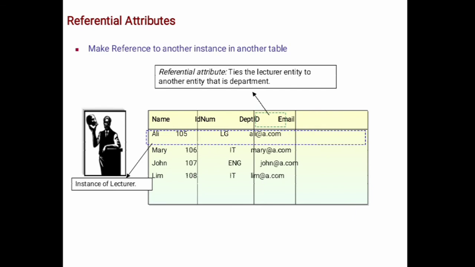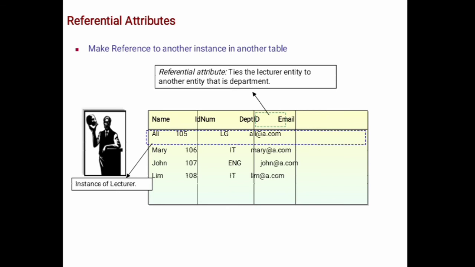Whenever the tables are created, the one side's primary key goes to the many side's table. That means the one side's primary key is referenced in the other table. For example, one student has many teachers. Then the one side's primary key, that is SNO, goes to the teachers table, and that is nothing but the referential attribute.